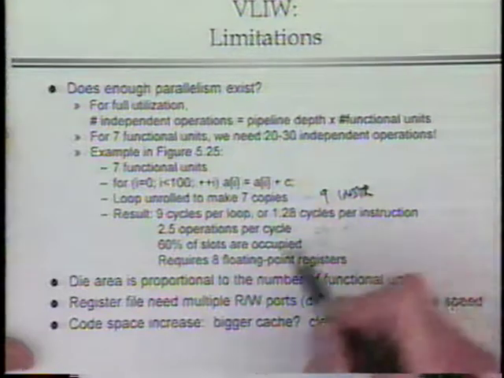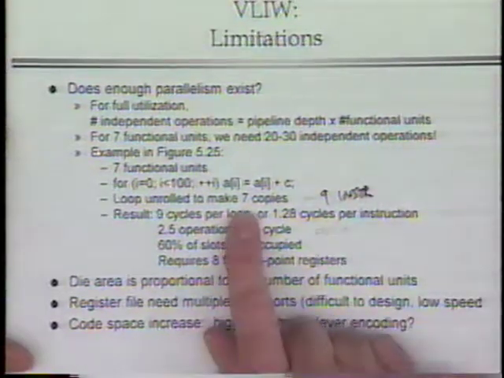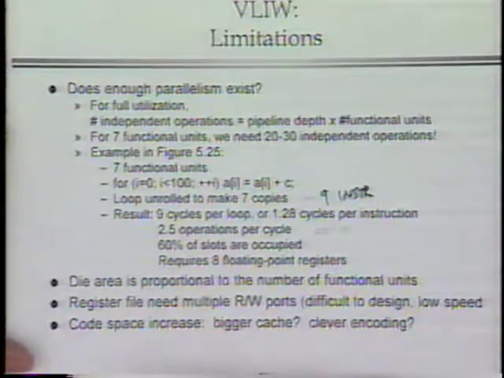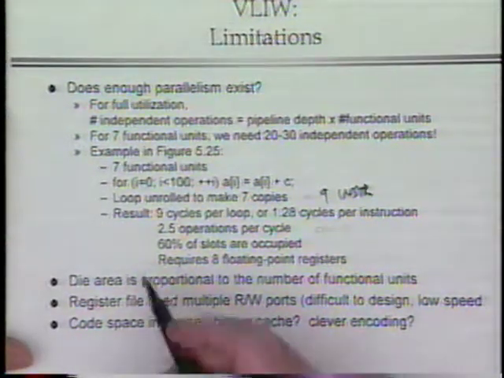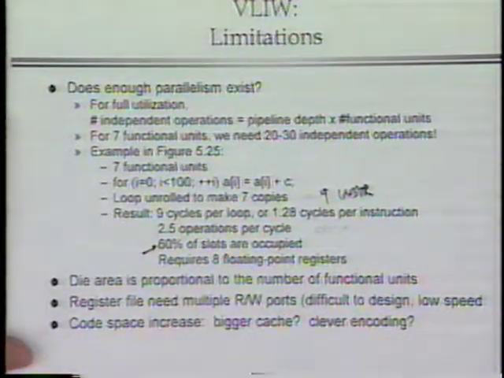So basically the loop executes 9 instructions and has executed 7 iterations of that loop. So the efficiency is great, yet even so, in that case, only 60% of the slots are occupied. Here's the picture from the book of, in fact, what those instructions look like.